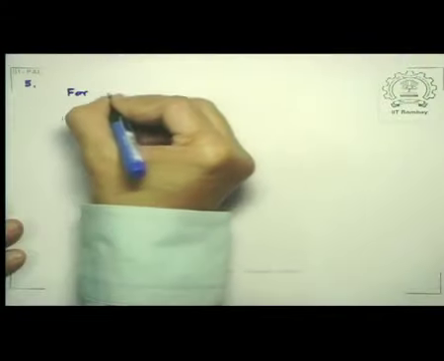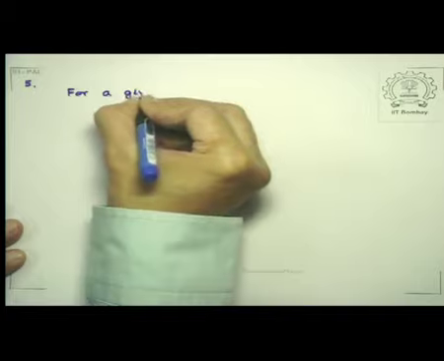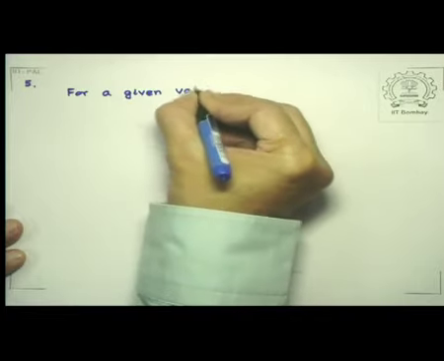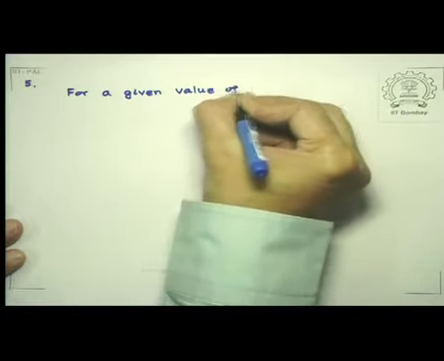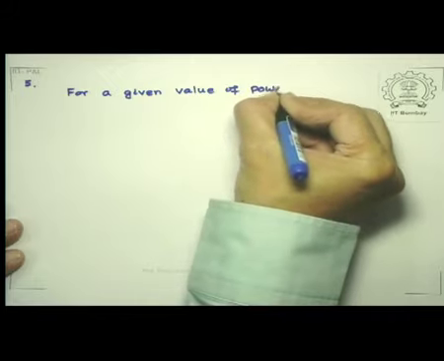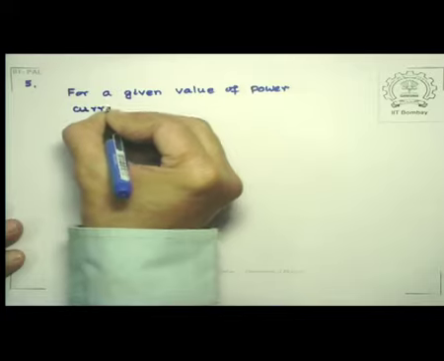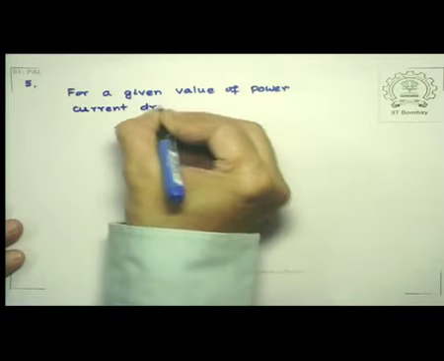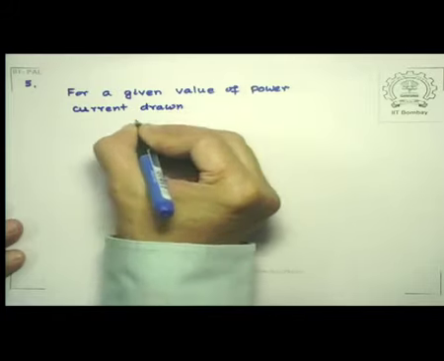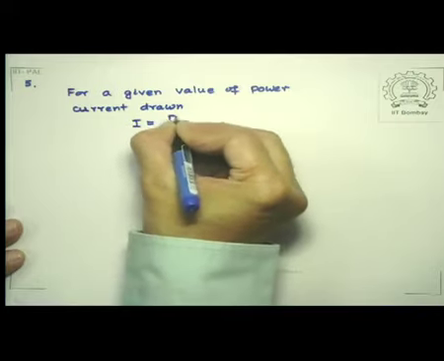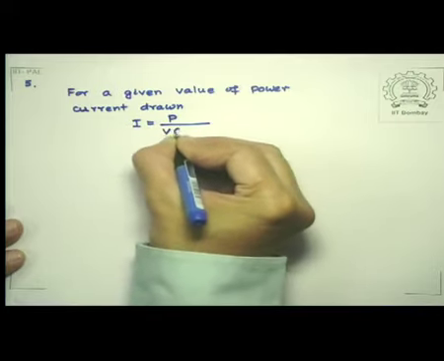Now, for a given power, then, the current that is being drawn from the source is given by P divided by V cos phi.